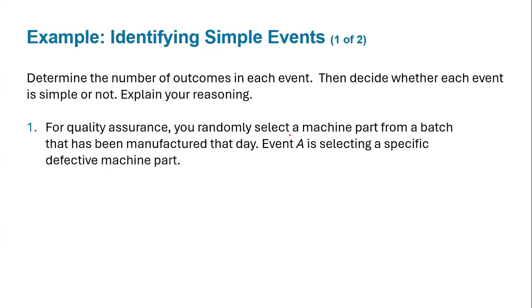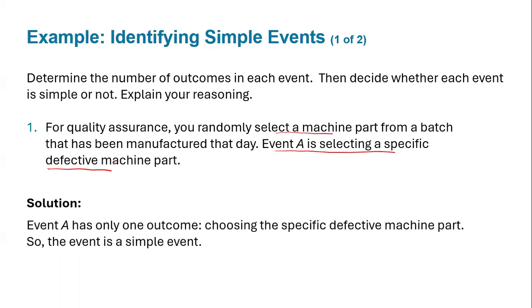When you only select one machine part, and event A is selecting the defective machine part, that means event A has only one outcome because you only picked one defective machine part. So we say, yes, that is a simple event because it only has one outcome.